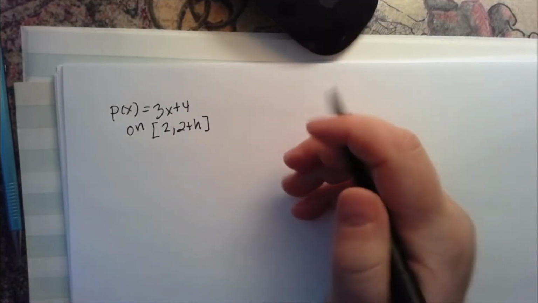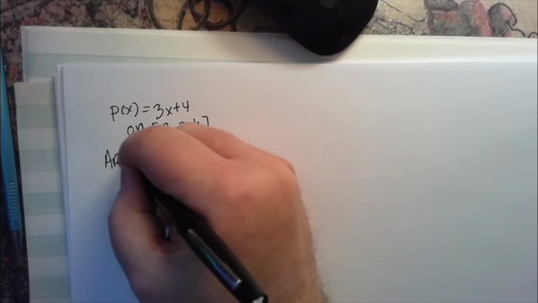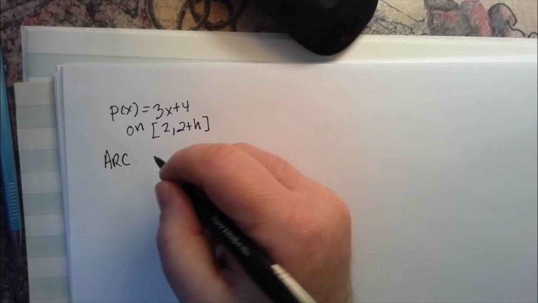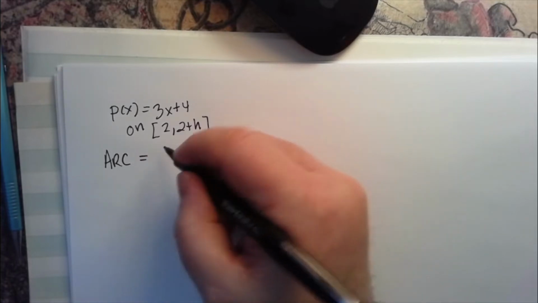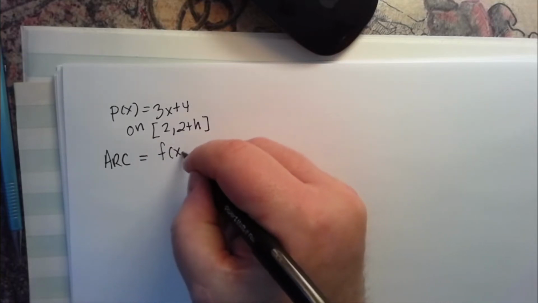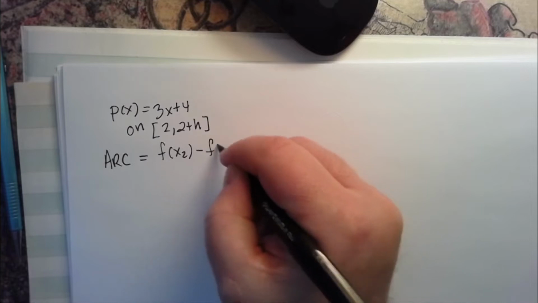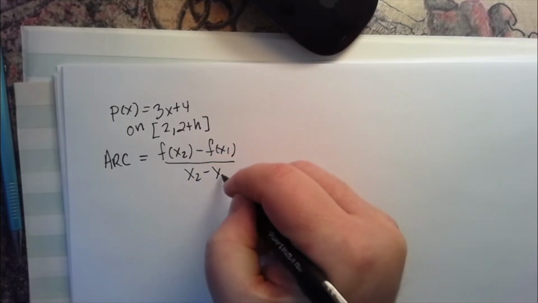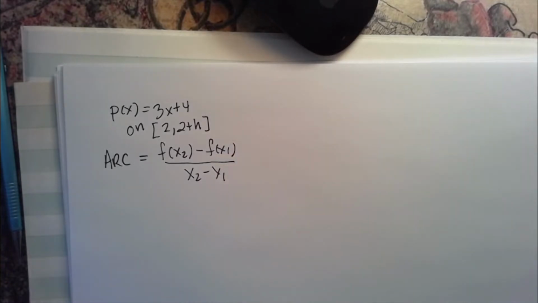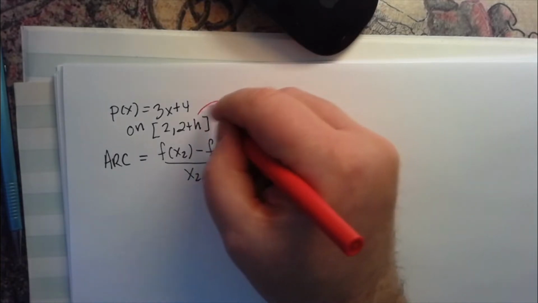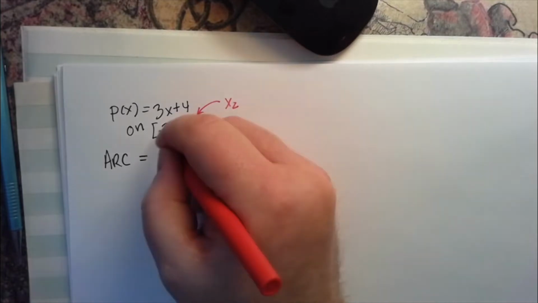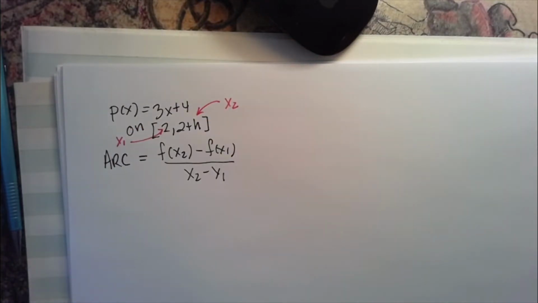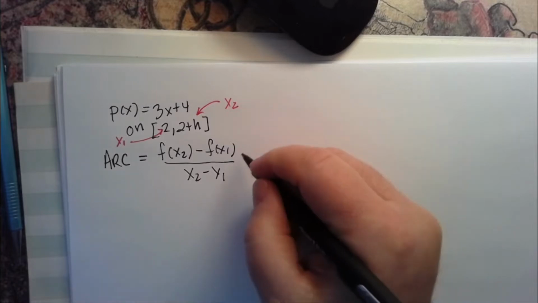Alright, so again, average rate of change, that's what we're supposed to find in this problem, is just the slope of the secant line, which we can find by doing f of x2 minus f of x1 over x2 minus x1. Now, what are x2 and x1? Well, this one, that's your x2, and this one, that's your x1, like that. So all you have to do is plug those in.